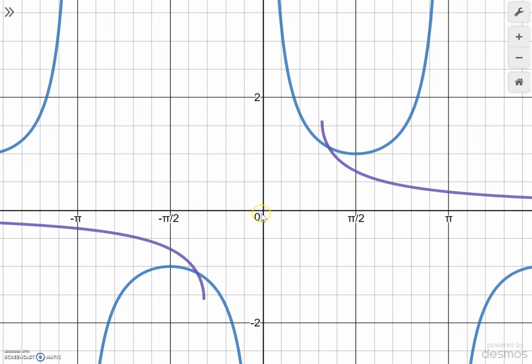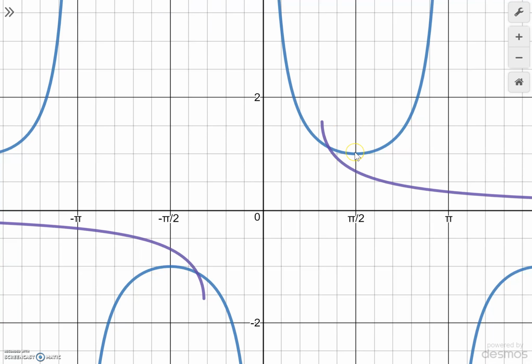So let's see, this looks to be, what is that right in there? That's got to be 1. So (pi halves, 1) is a point on cosecant, which means (1, pi halves) is a point on the graph of inverse cosecant.